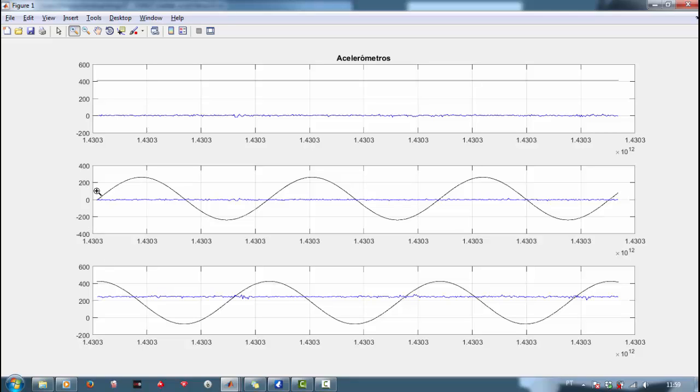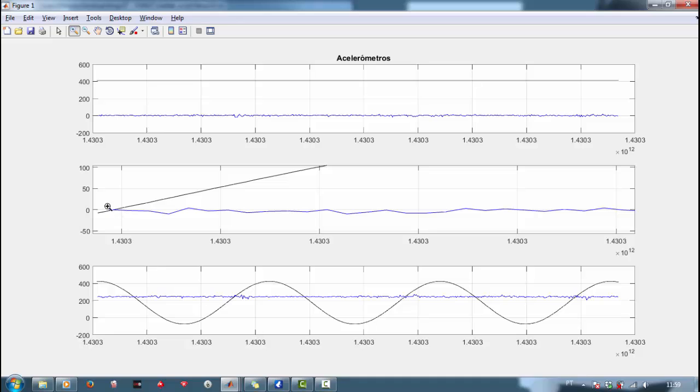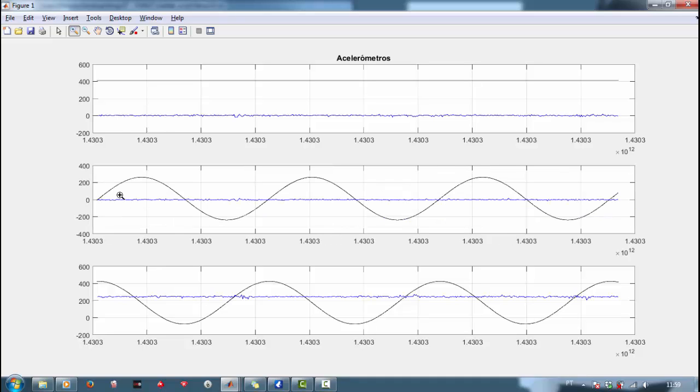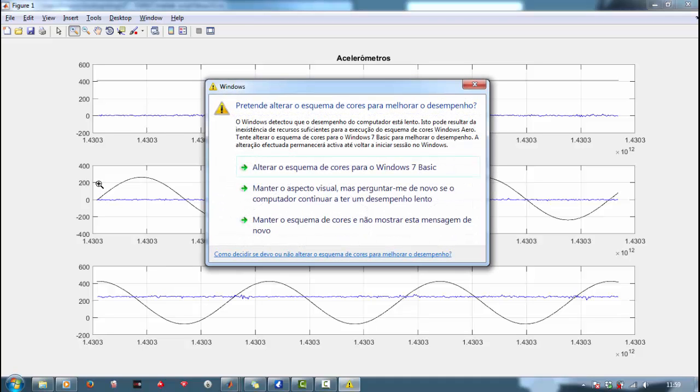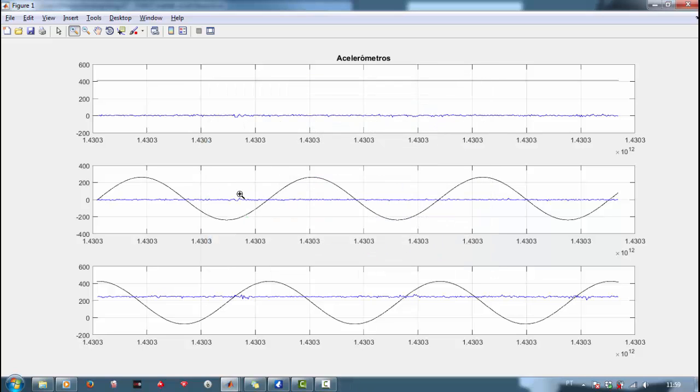In Y we have no forces at all, almost zero. The important thing that we need to remember here is that 255 is equivalent to 1 g, or 9.8 meters per square second, I guess.